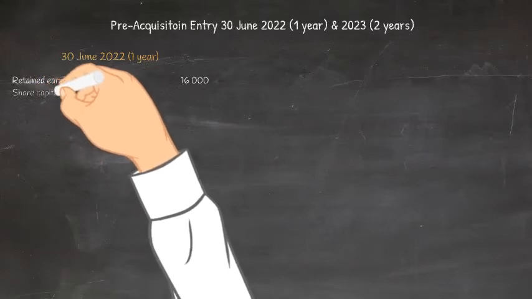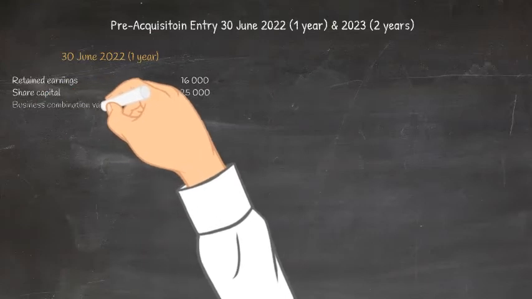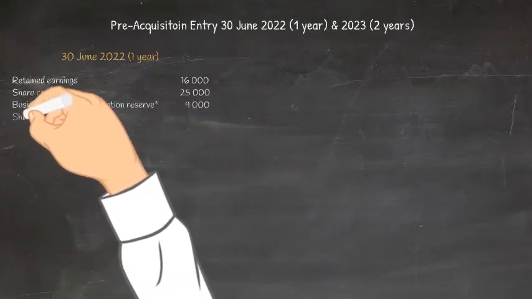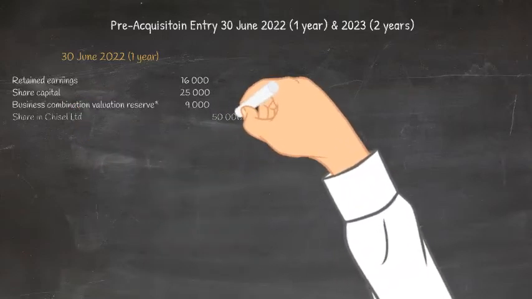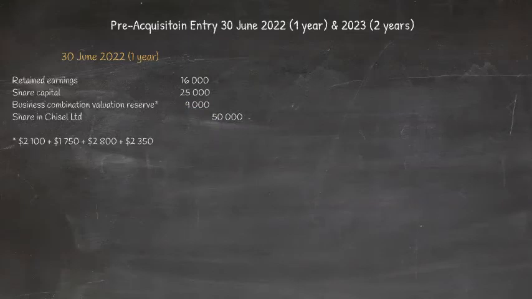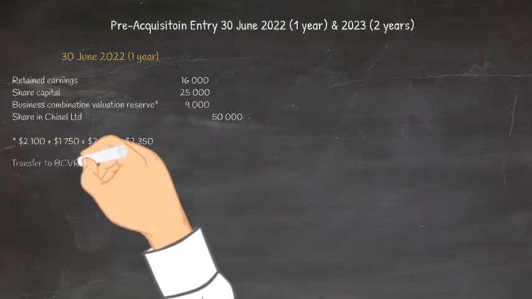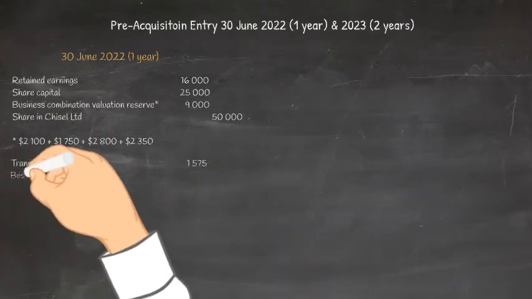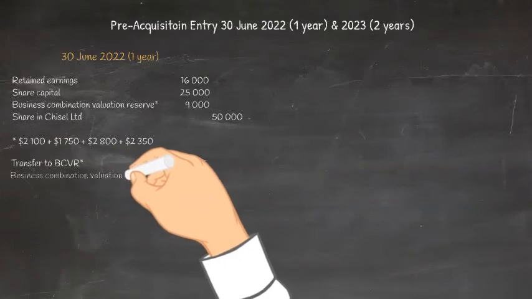This is to account for the sale of 90% of inventories during the year. We must then debit transfer to BCVR and credit the BCVR. This is to reflect the sale of 90% of inventory.